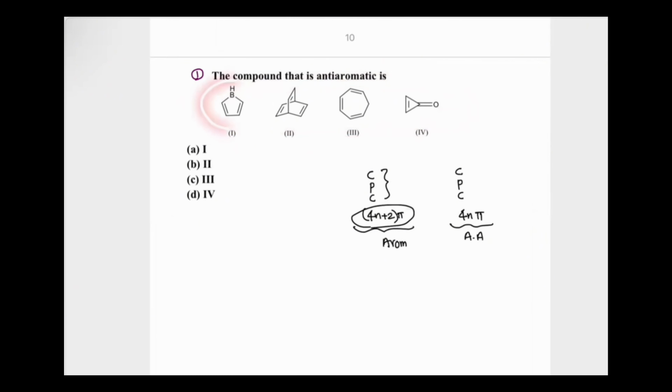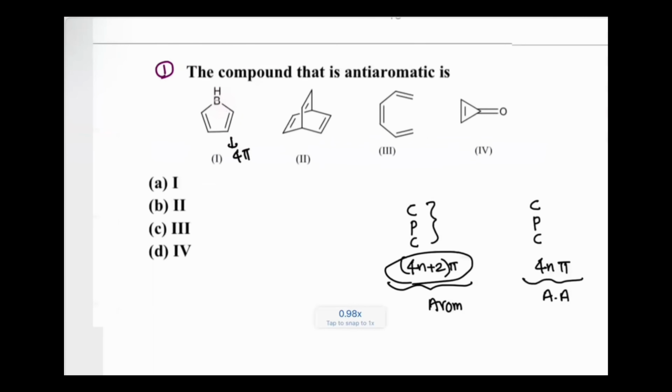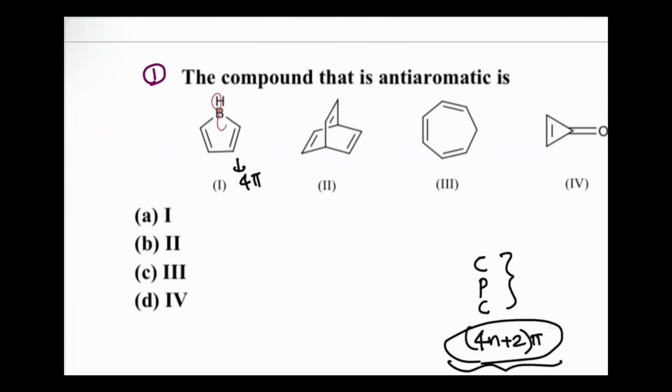In the first molecule, we can see there are totally 2 pi bonds. That means there are a total of 4 pi electrons. And there is a boron, and we have seen that boron has a vacant p orbital, and this can participate in delocalization. So it is a conjugated system having continuous conjugation of pi electrons. But here boron is electron deficient.